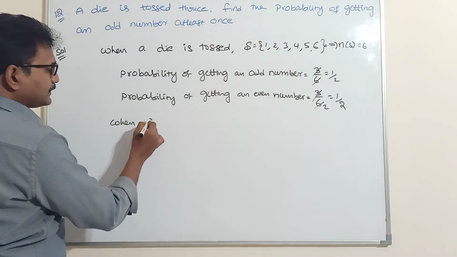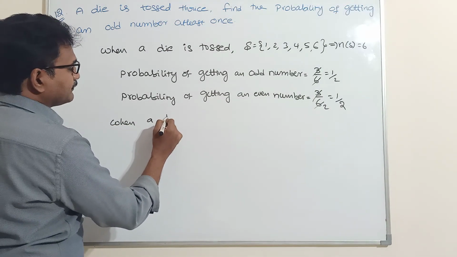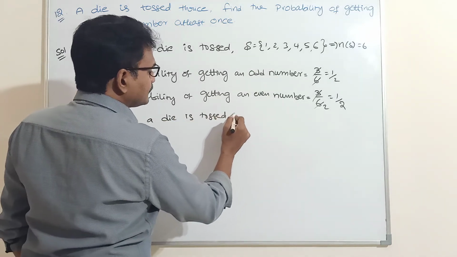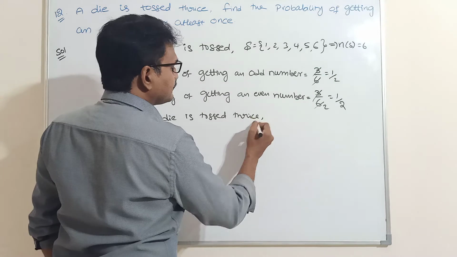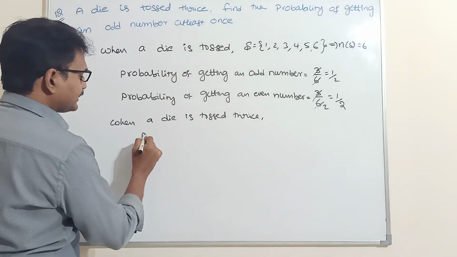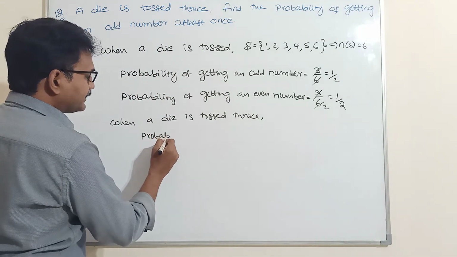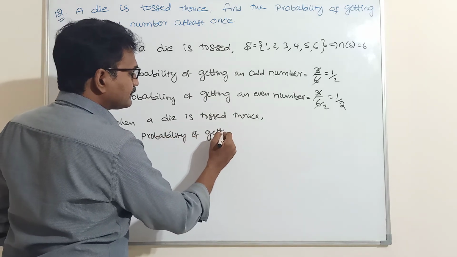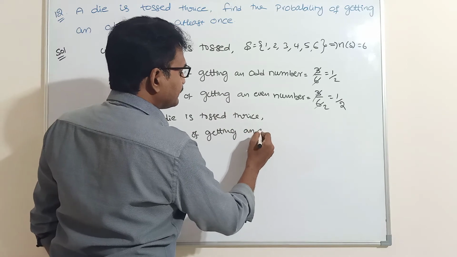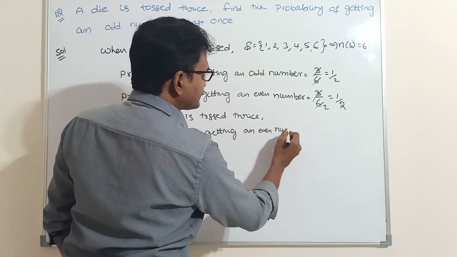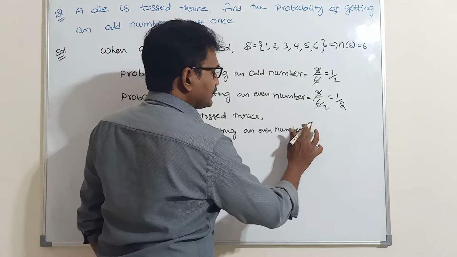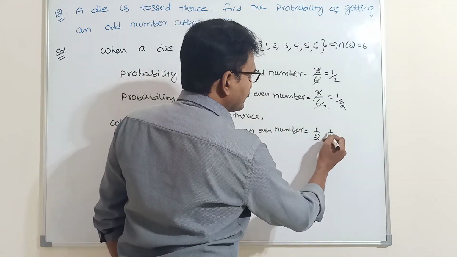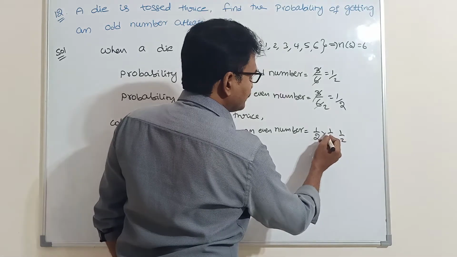Next, when a die is tossed thrice, probability of getting an even number is, in the first toss 1 by 2, second toss 1 by 2, and third toss also 1 by 2.